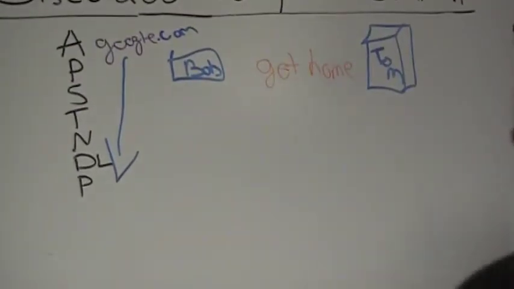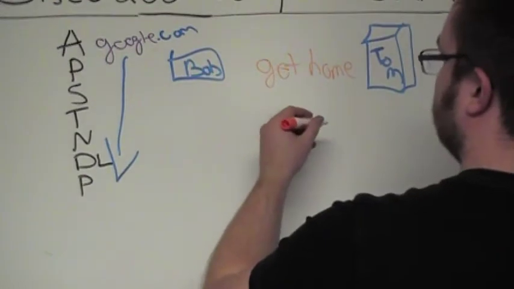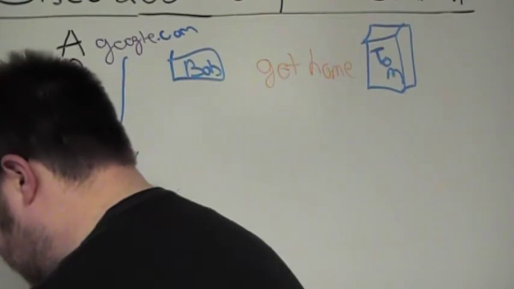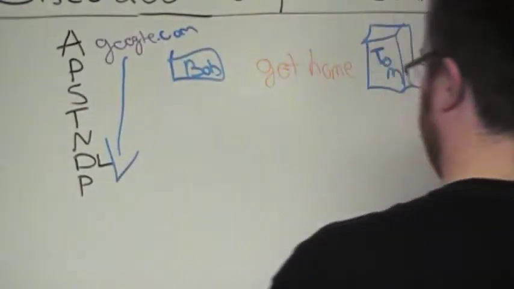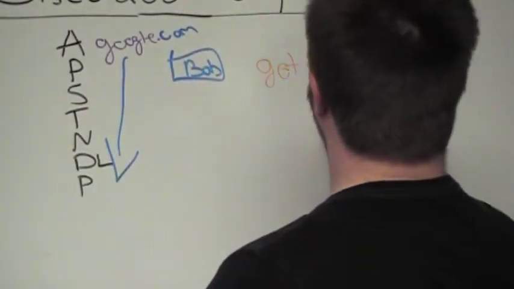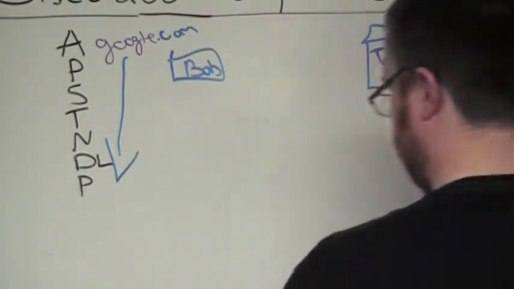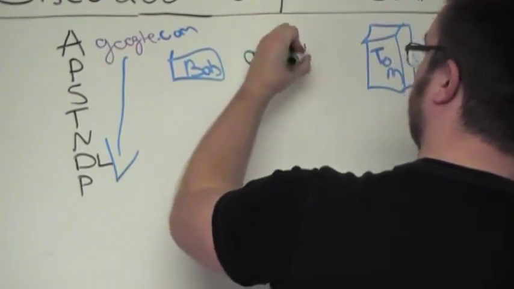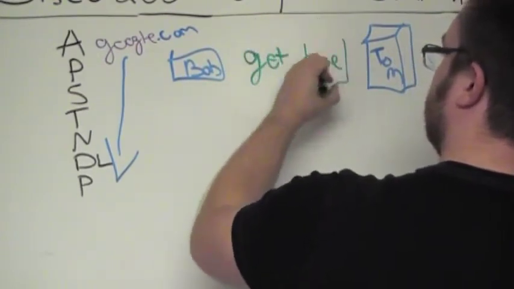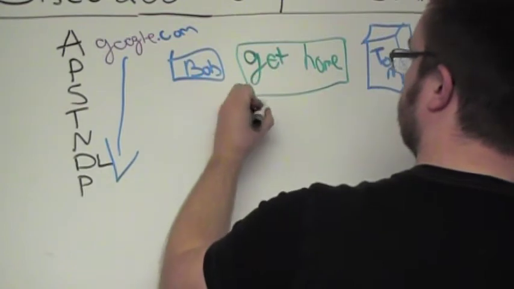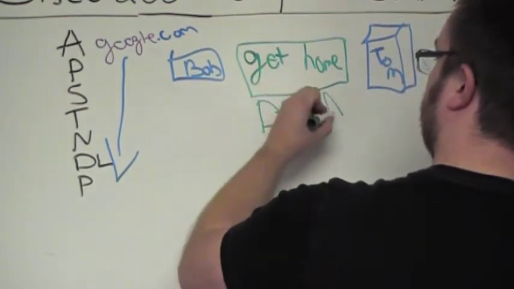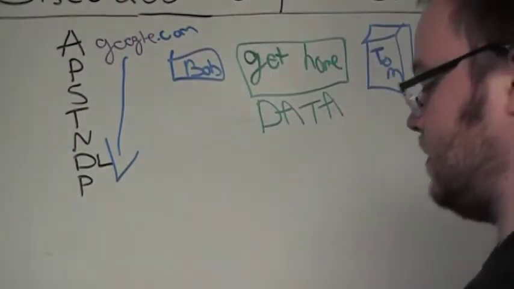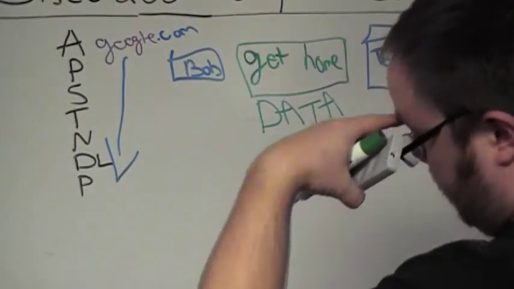So get the homepage. This is at the application layer. Okay, what we're going to do now is convert this to green. So get home. This is what we would call the data. Okay, that's the data that's being pushed down the network. That's at the top layer at the HTTP request.